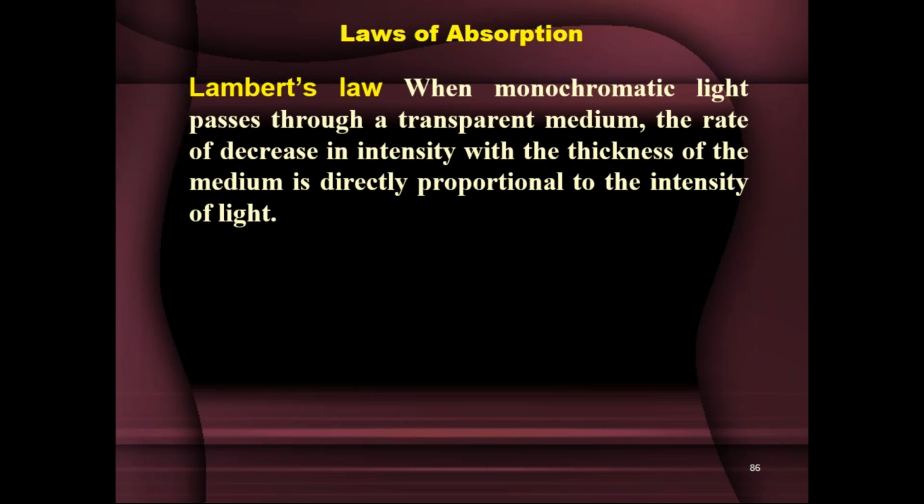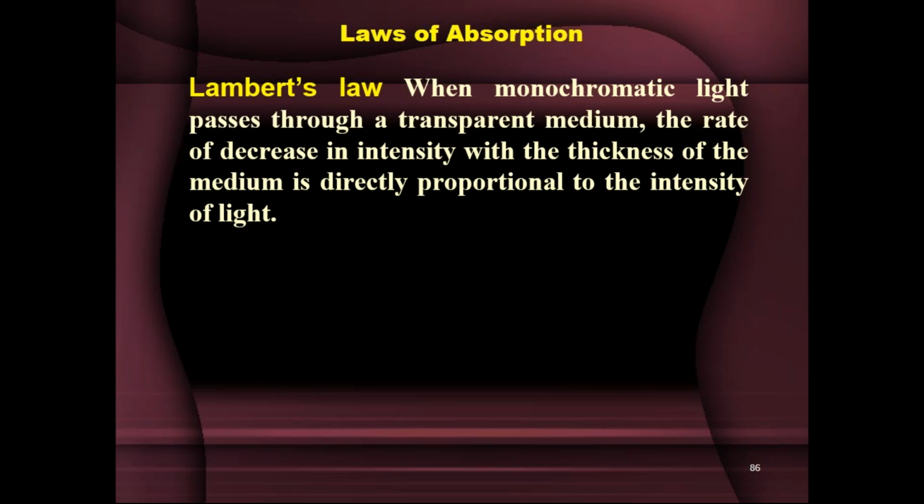So the law states: when monochromatic light passes through a transparent medium, the rate of decrease in intensity with the thickness of the medium is directly proportional to the intensity of light.